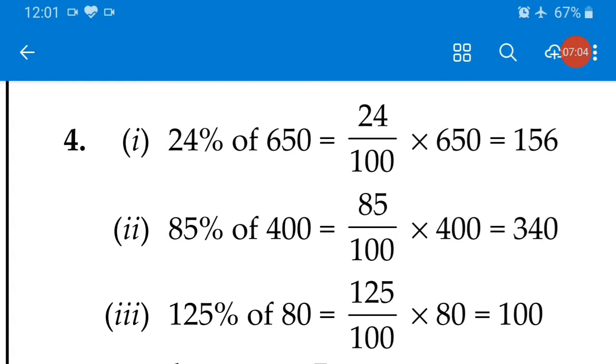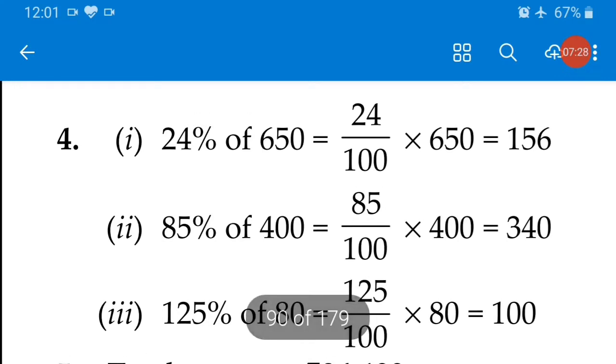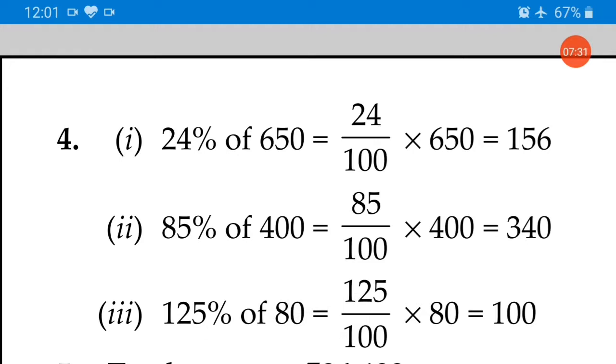Now the last question from this exercise, question number 4, third one: 125% of 80. As per our method, we convert the percentage into fraction first: 125 upon 100 multiplied by 80. 125 means 25 multiplied by 5, and in the denominator 25 multiplied by 4.